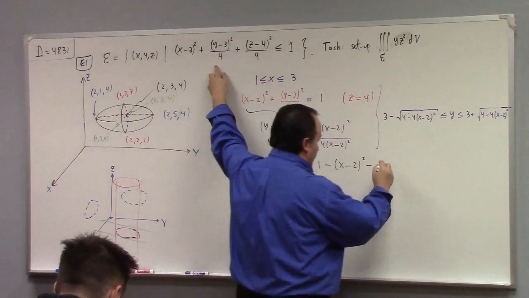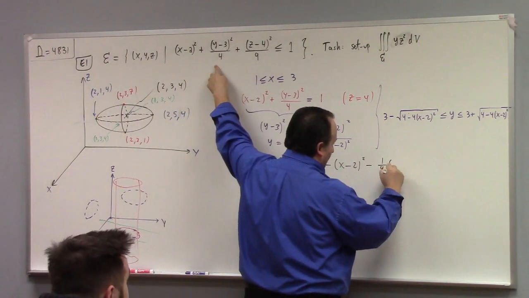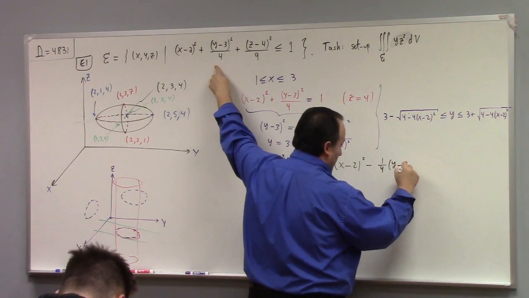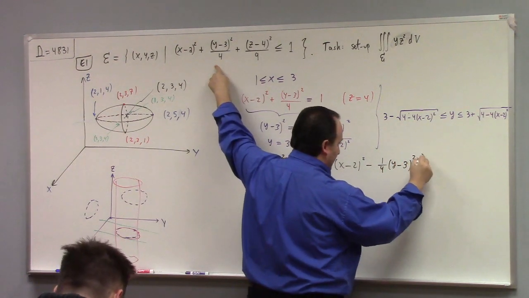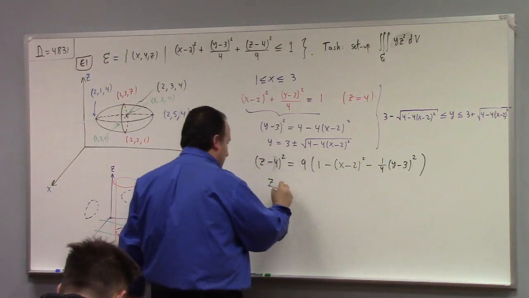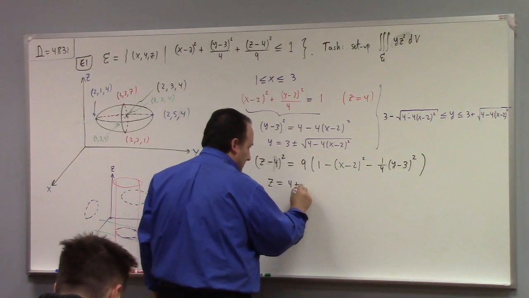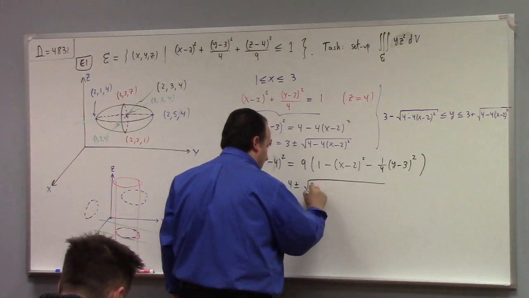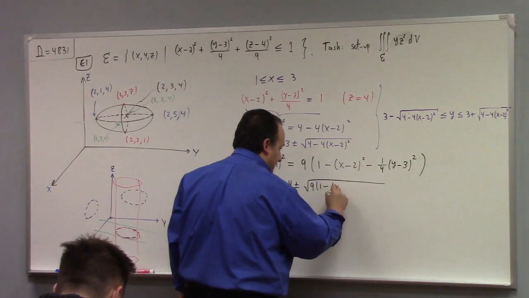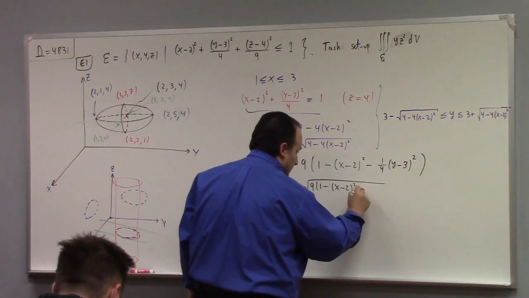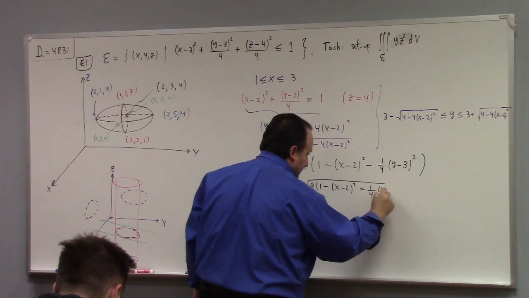And I had a fourth there, so 1/4 y minus 3 squared, close parentheses. So I've got z is 4 plus or minus radical 9 times 1 minus parentheses x minus 2 squared minus 1/4 y minus 3 squared.